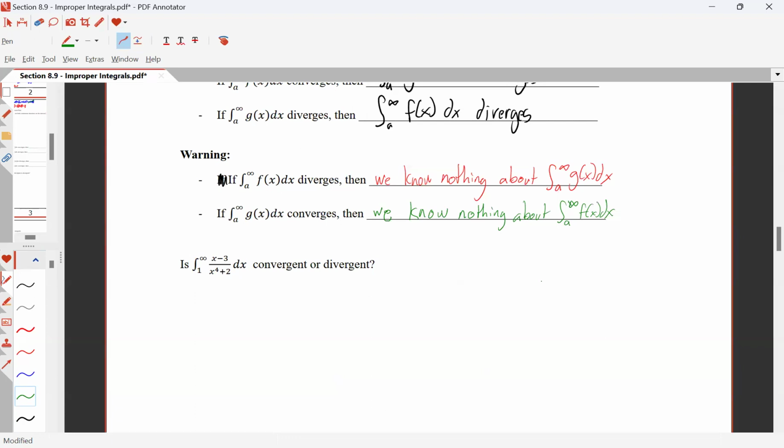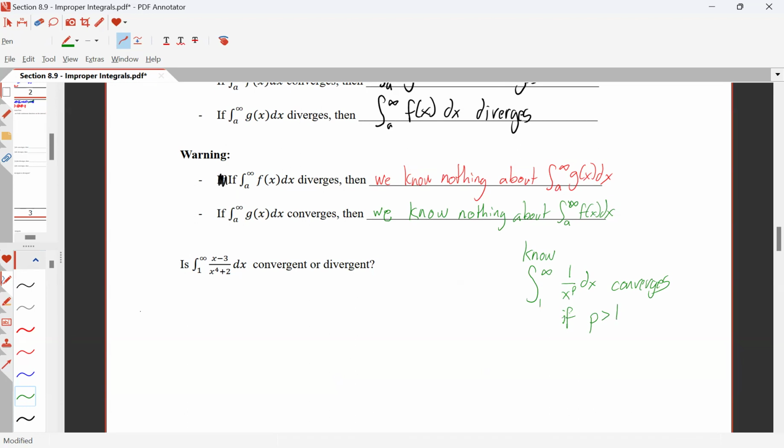Well, I do know that the integral from 1 to infinity of 1 over x to the p converges if p is greater than 1.